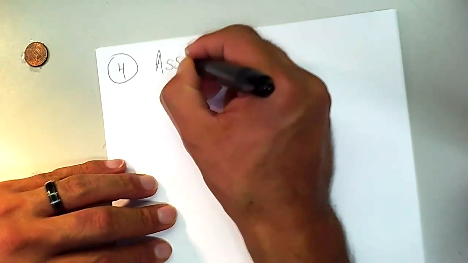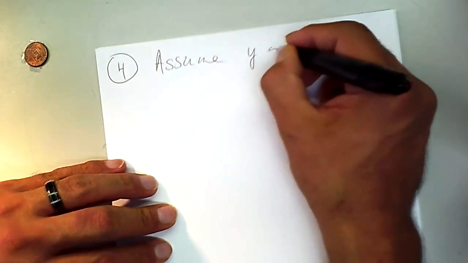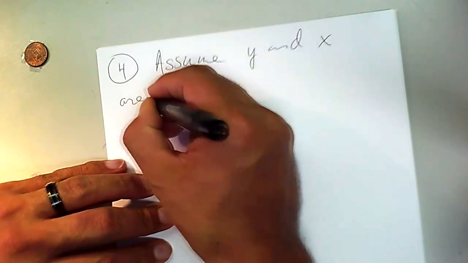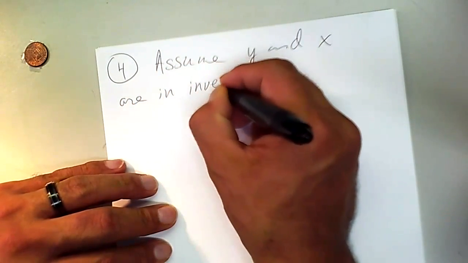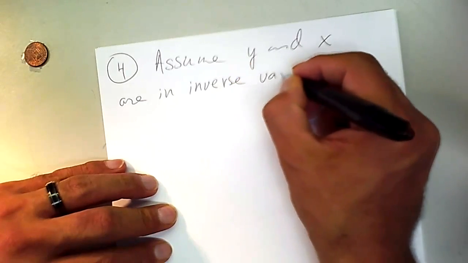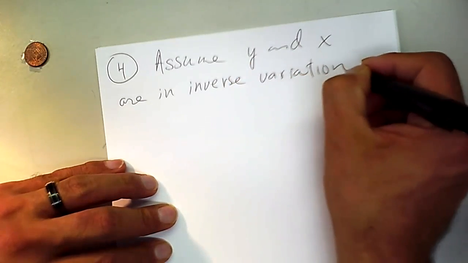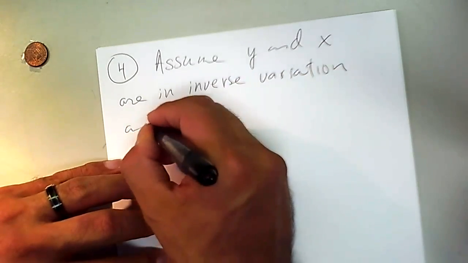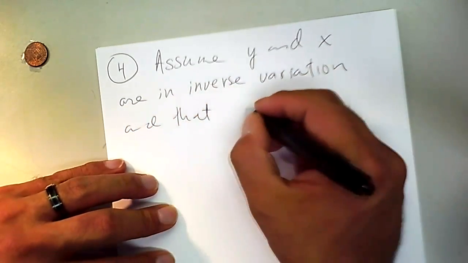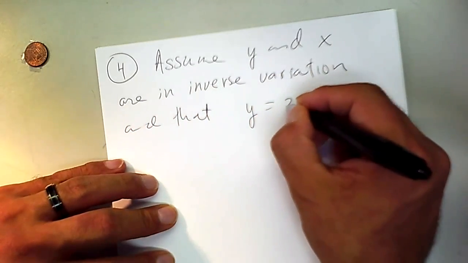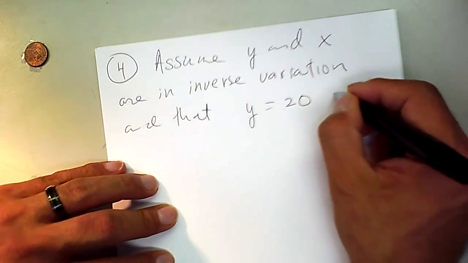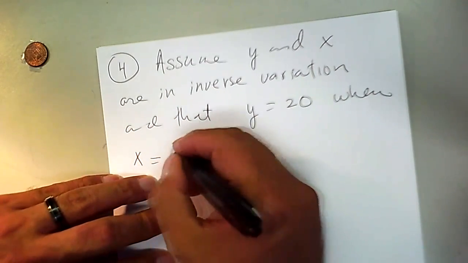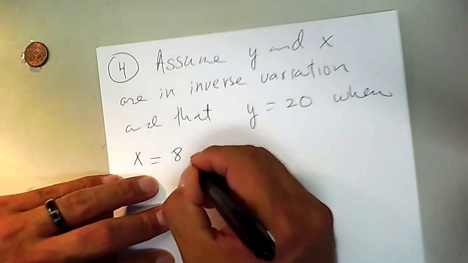Assume y and x are in inverse variation, and that y equals 20 when x equals 8.